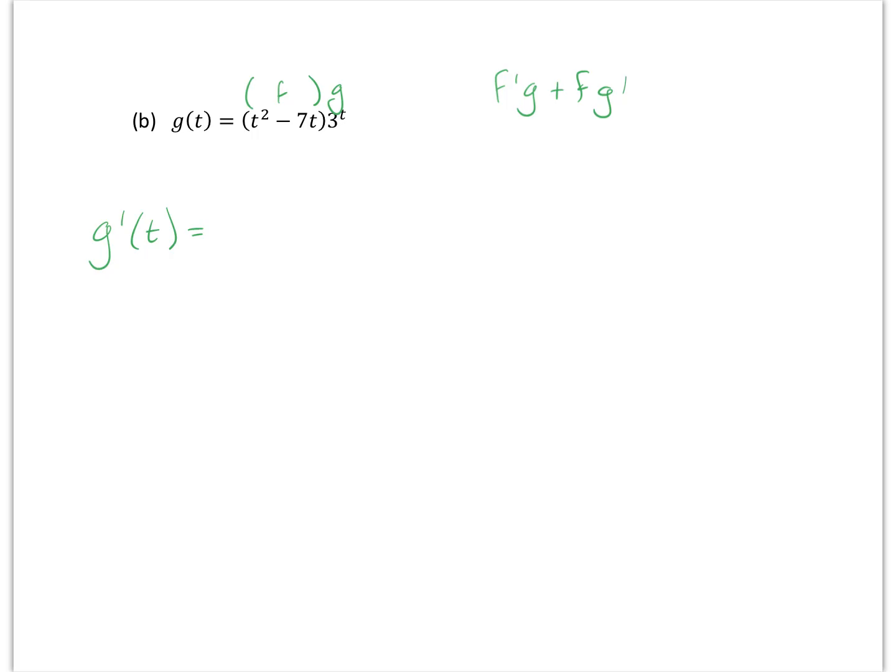Okay, so f prime is 2t minus 7. So that's my f prime, and then just times my g, plain old g, plus f, t squared minus 7t, times g prime, and the derivative of 3 to the t is 3 to the t times the ln of 3.